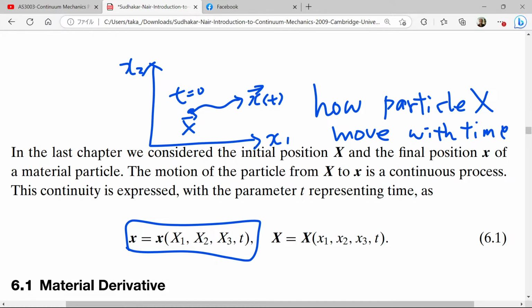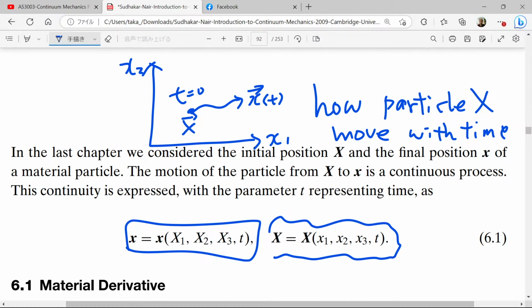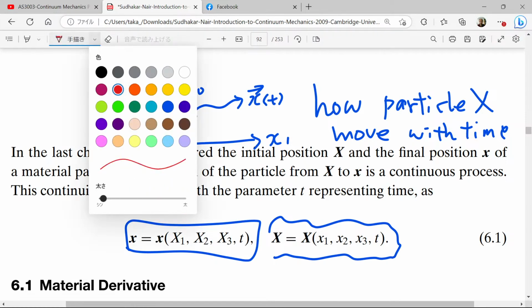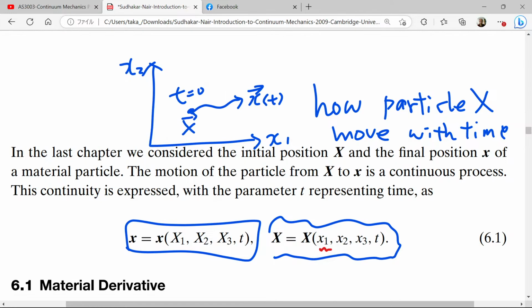So, this is more ambiguous. In this case, x1, x2, x3, t is this position. So this position is given. Then you can predict the original initial position.